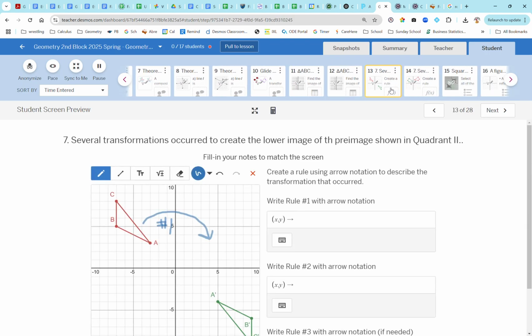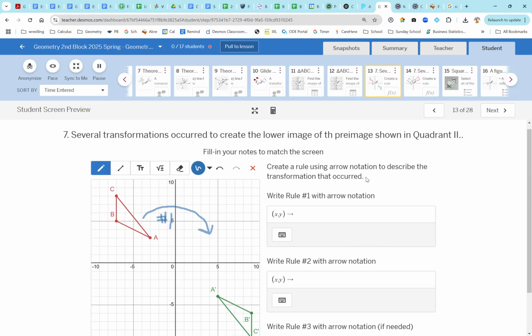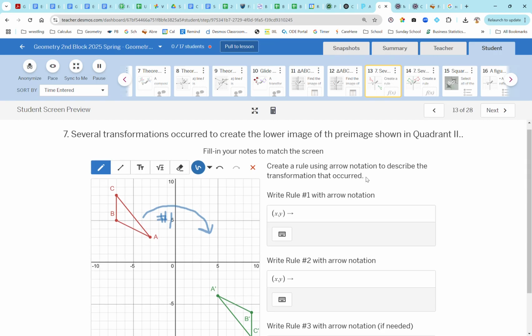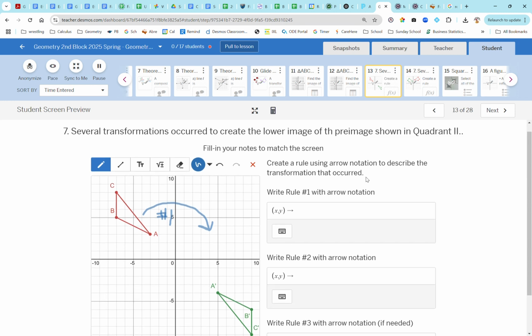Okay. Next, this time we're going to be looking at some composites that aren't just any special type. They're just a matter of moving it once and then moving it twice in order to get to the new spot. Now, this one sure looks like a rotation to me. It looks like we've rotated all the way around here.